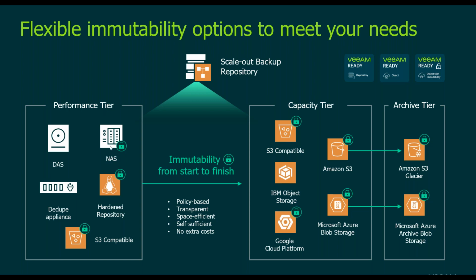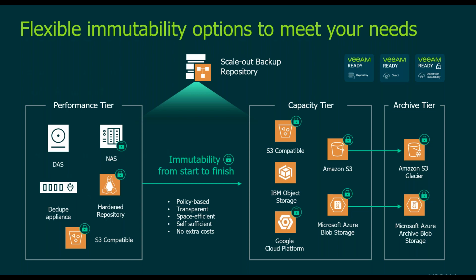On the low cost end, you can use a NAS. In really cost-effective, fast storage, you can use a hardened repository with a server. And in the higher end, where you would like an appliance, we can use S3 compatible object storage, and that we can make immutable immediately.